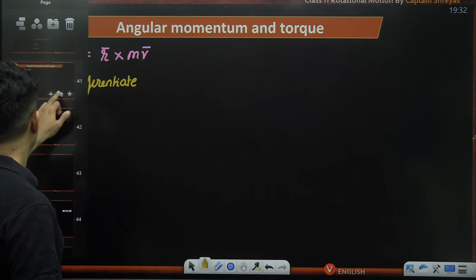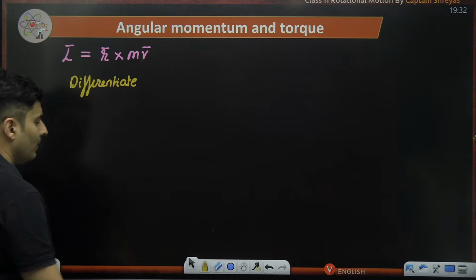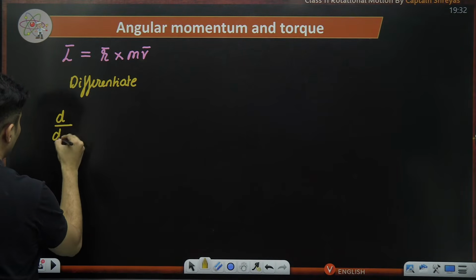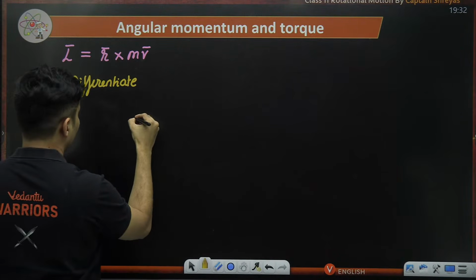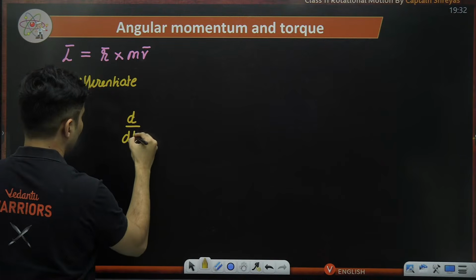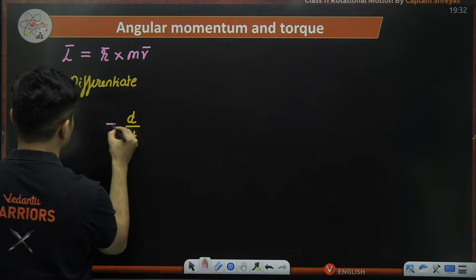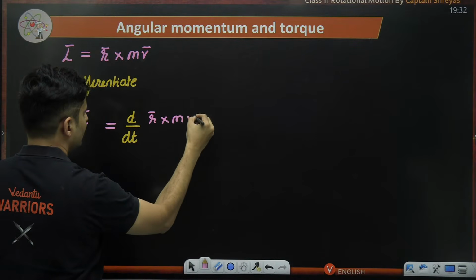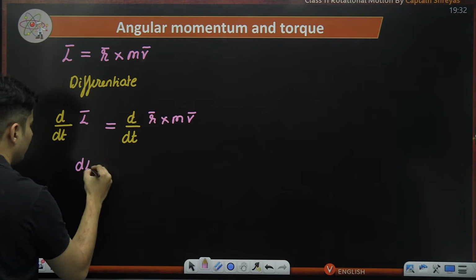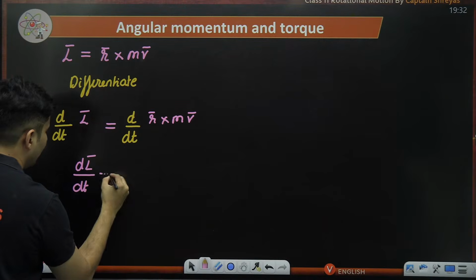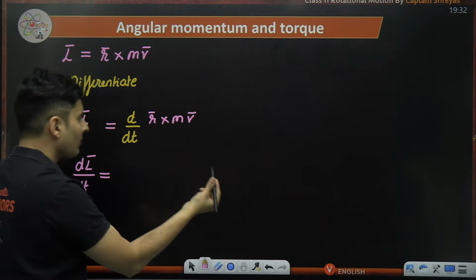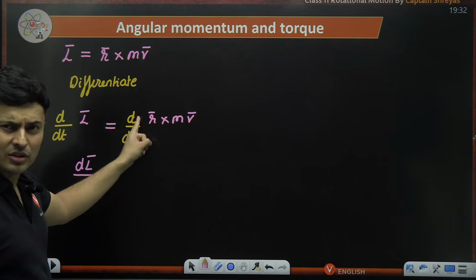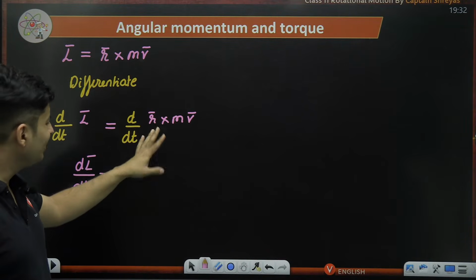I just have to put d by dt on both sides. On the left-hand side it is straightforward, dL by dt, but the right-hand side has two things. Usually our r is constant, but sometimes it might not be constant.